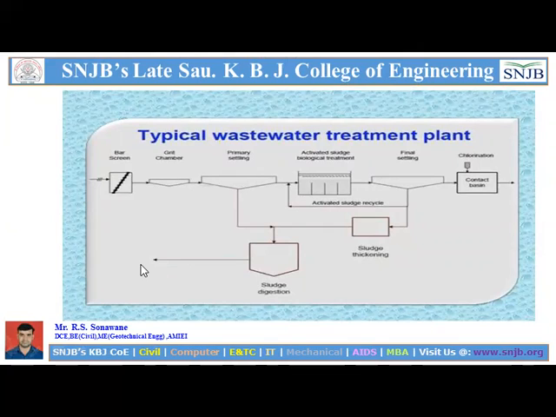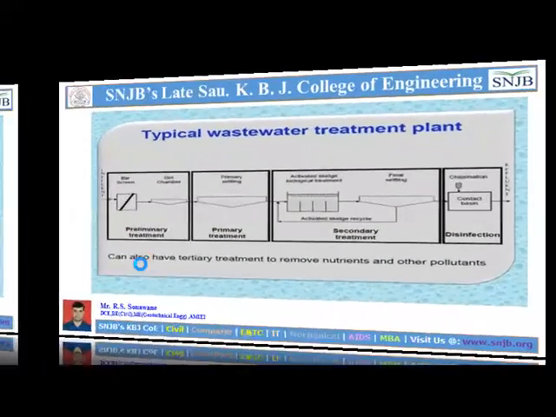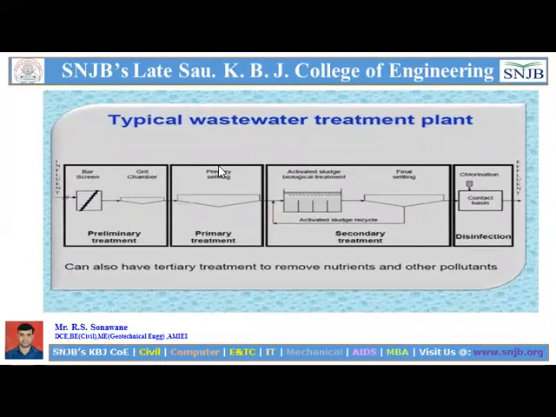This is a typical wastewater treatment plant, generally used everywhere. In a typical wastewater treatment plant, we mostly focus on the four stages the water goes through. First is the preliminary stage. In the preliminary treatment, there are two units: one is the bar screen, and the second is the grit chamber.